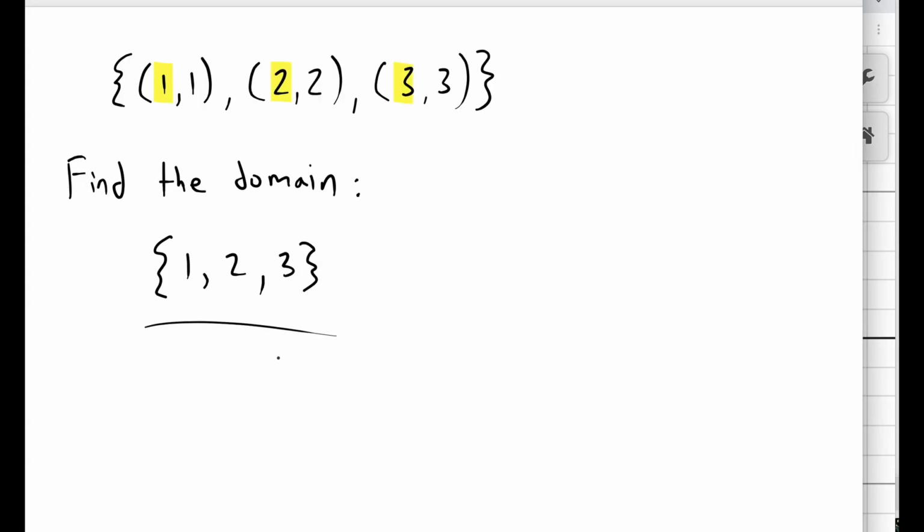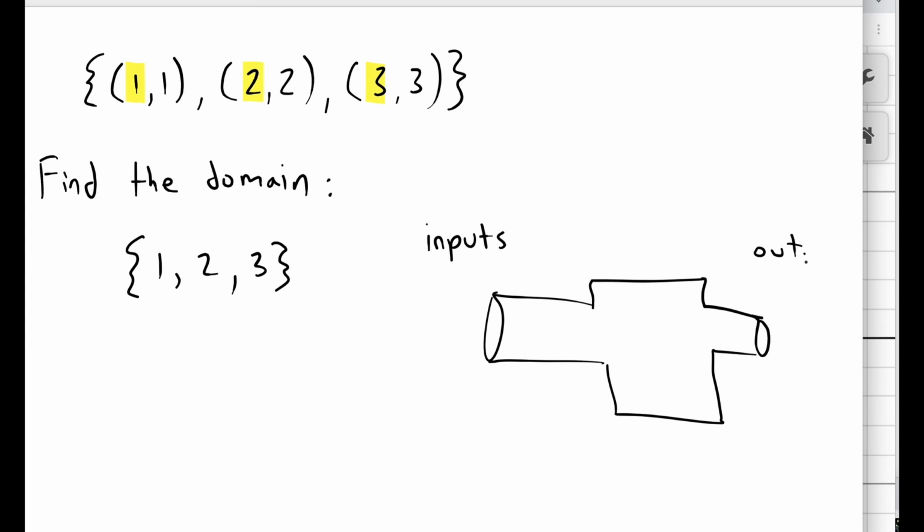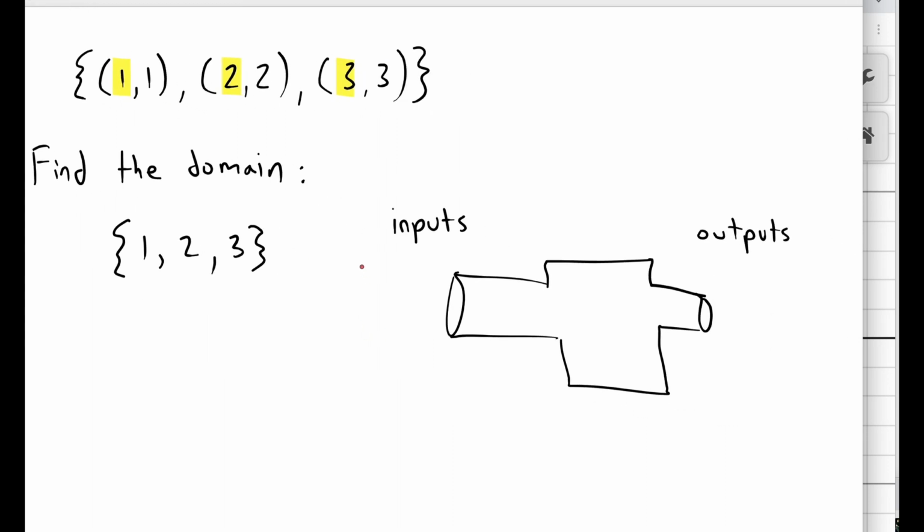I already did that. What's the rule that this function is following? I said that every function has to have a rule for how it processes inputs. And so for this function, we have our inputs on the left, outputs on the right, and if you put in a 1, apparently you get out a 1, because the input of 1 produces an output of 1.